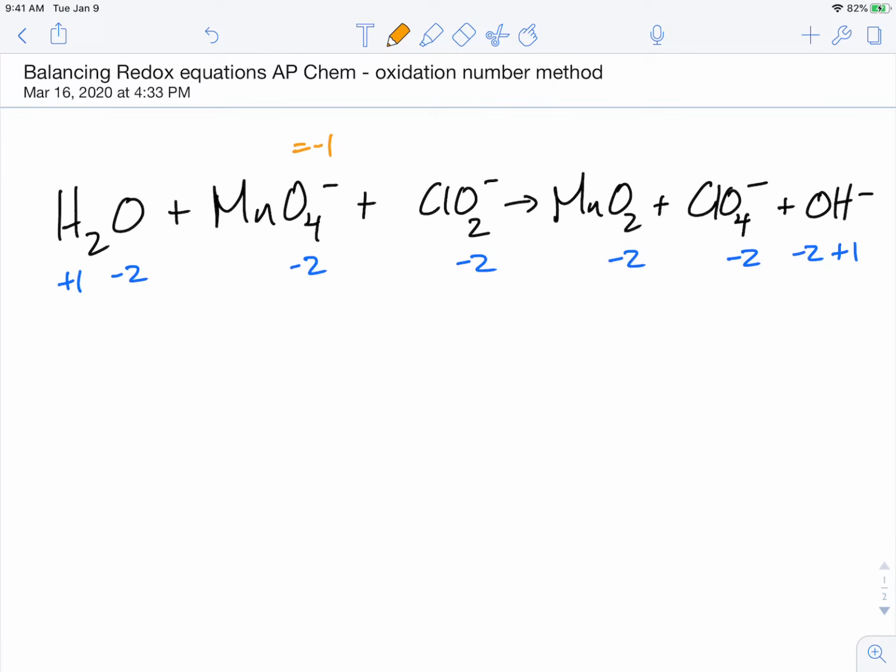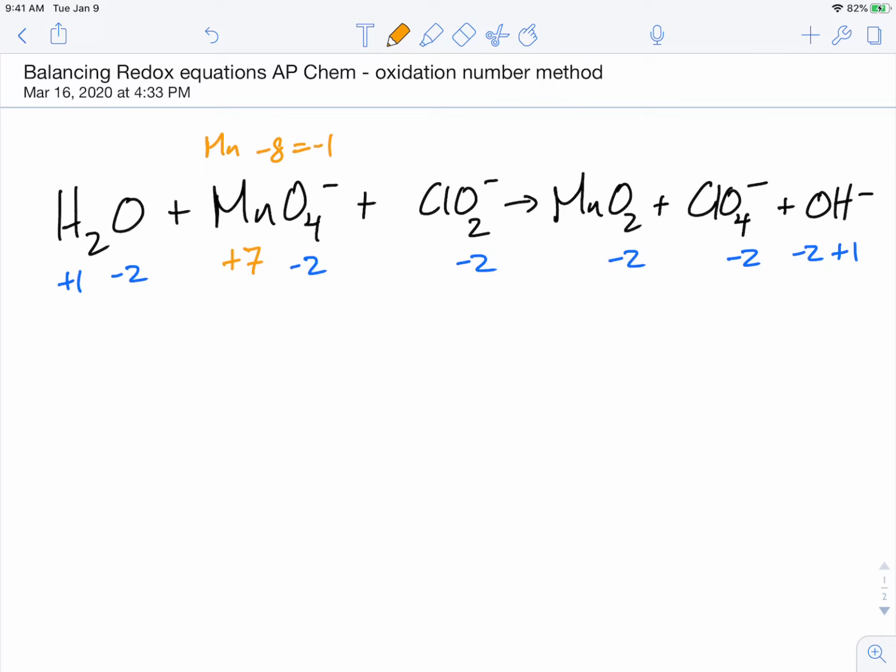All of the oxidation numbers need to add up together and have an overall -1 to match the charge on the ion. The oxygens we know, we have 4 of them at -2, so we have a total of -8 from the oxygens. So we ask ourselves, what does Mn have to be so that everything adds up to a -1? So manganese must be a +7.